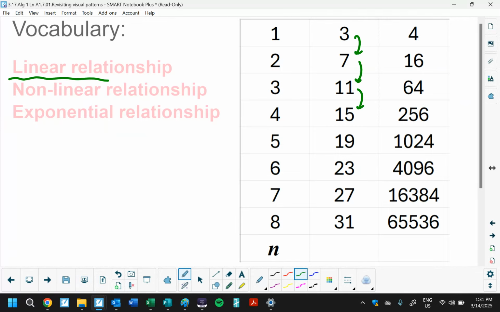And I have no idea what 65,536 times 4 is, but I bet you could figure it out. So that was what we called an exponential relationship, when there's a constant ratio. And you would do that by saying, what are we multiplying by? As opposed to a constant difference where you would say, what do we add or subtract by? That's linear.